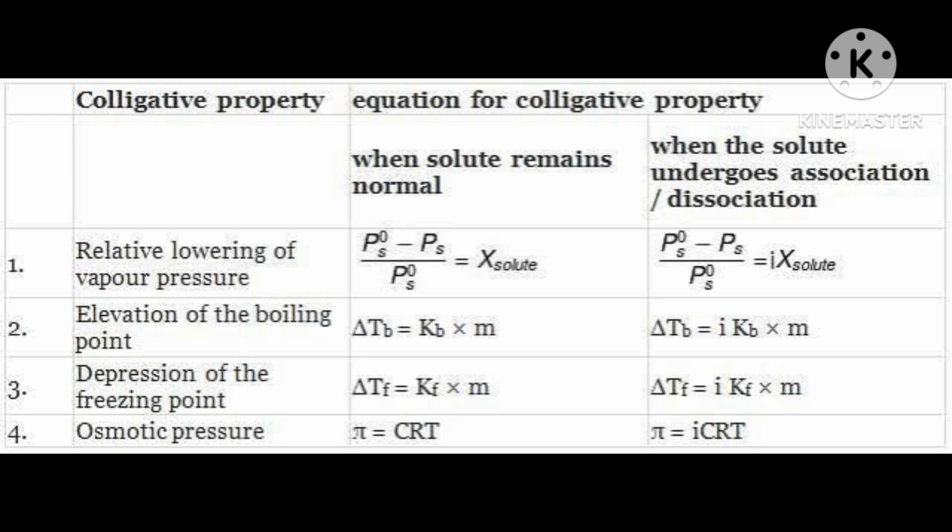Two molecules of acetic acid will dimerize and form one bigger molecule. Then the number of particles will become half. It was 2, now it becomes 1. In the first case, 1 was there and it became double. Due to this, it shows abnormal molecular mass.